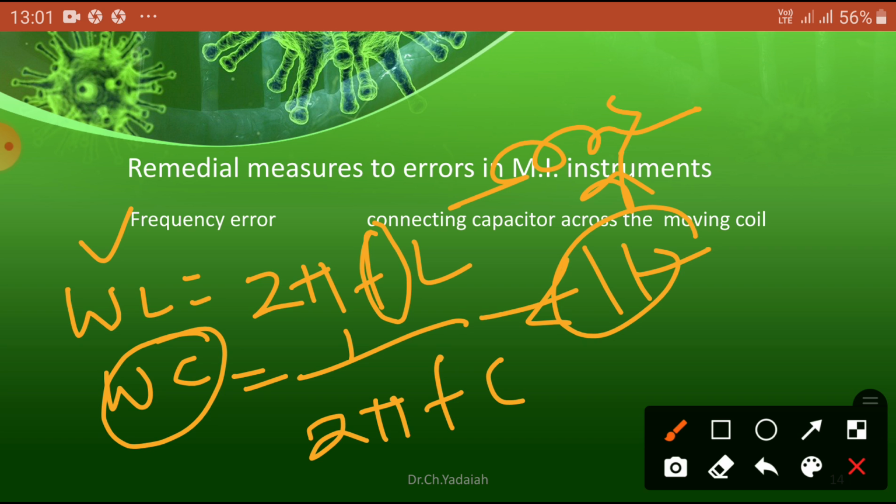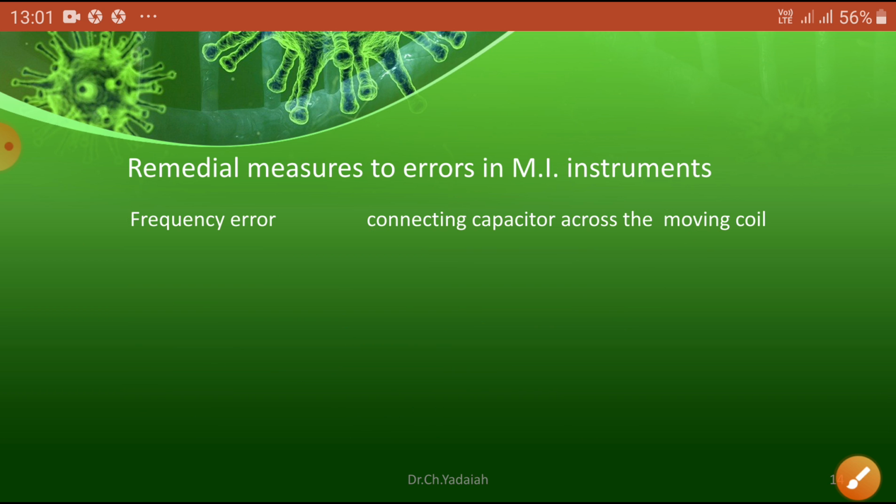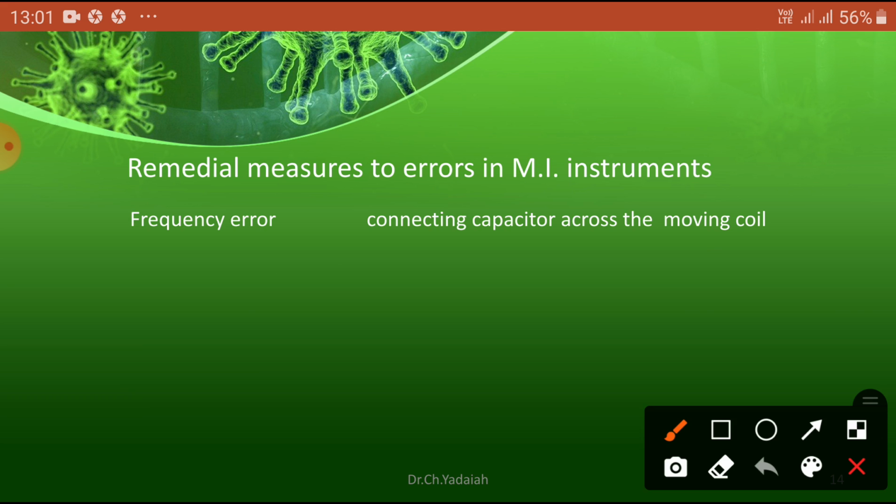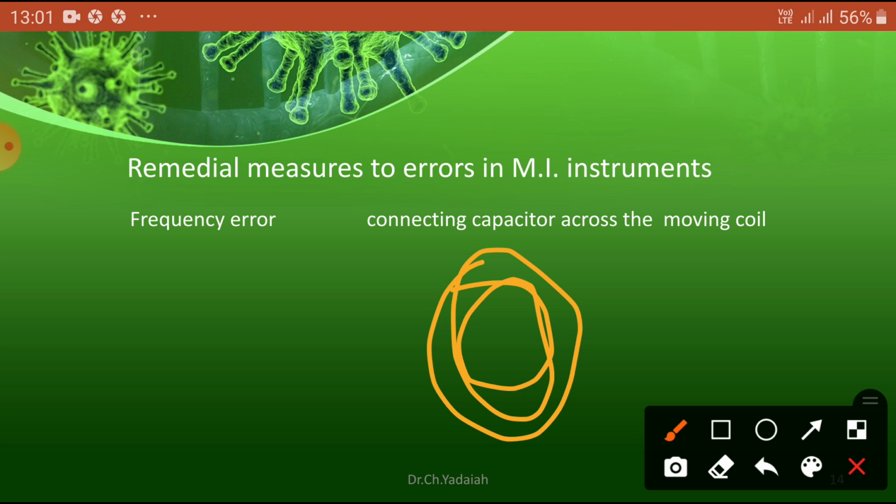Okay. Now coming to another type of error, the stray field error. What is the stray field? This is an outside field. For example, in moving iron, we use one coil, one spindle, and one oval shaped iron piece.